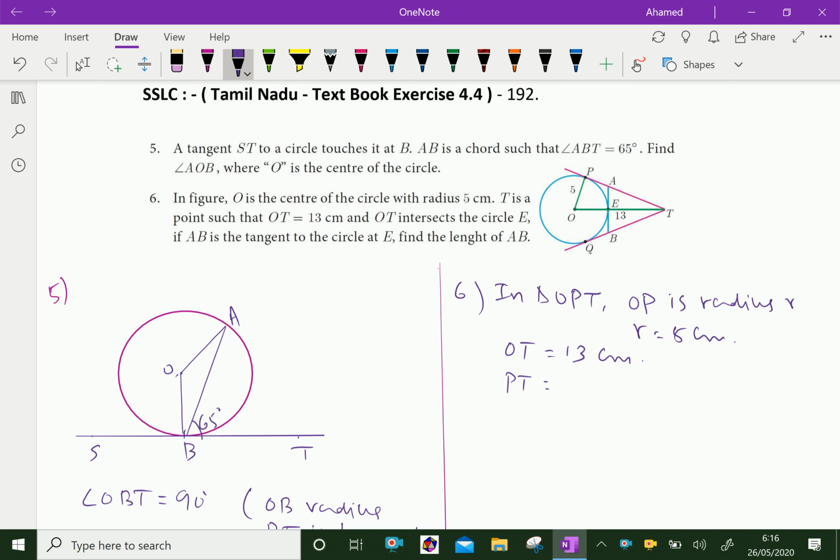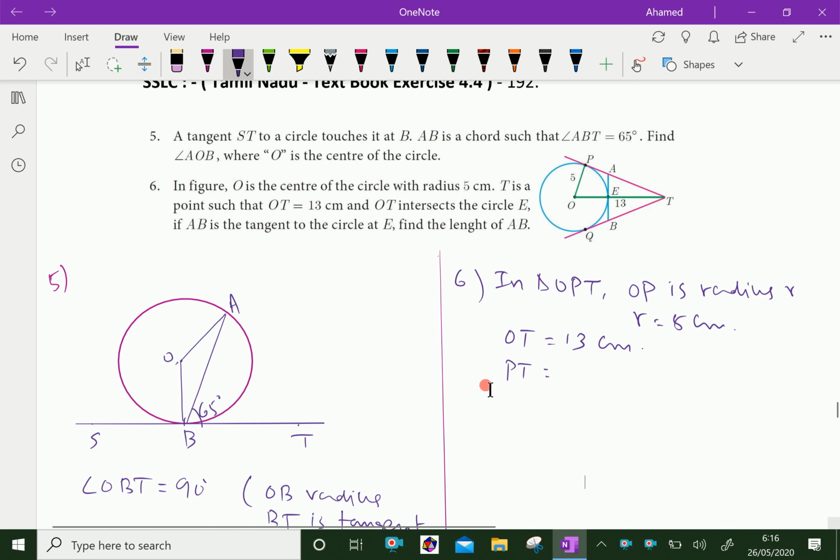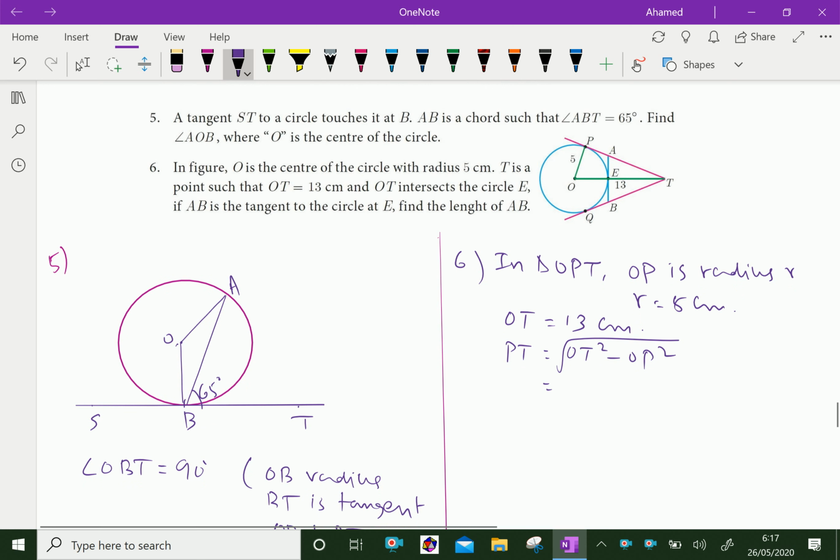Then PT we can find. PT is the square root of OT square minus OP square, by Pythagoras.